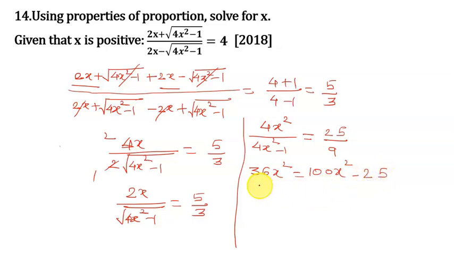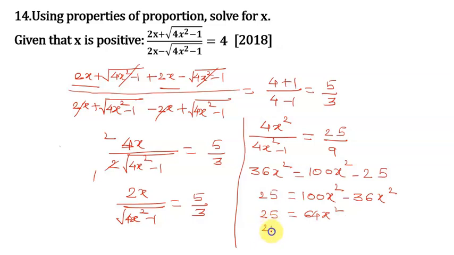Now transfer this 36x square to the right hand side and the minus 25 to the left hand side. It will become plus. Okay, that is 100x square minus 36x square. Now next is here 25 upon, subtraction is 64x square.